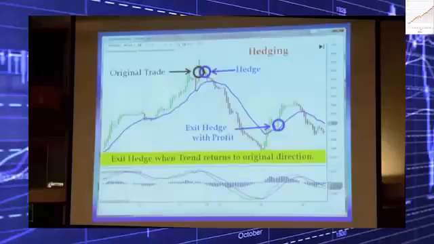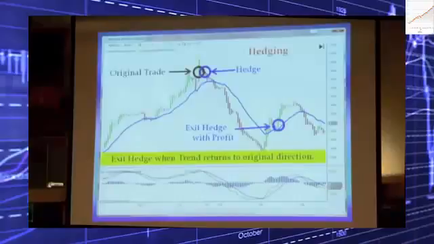As the market goes down and I close the short, or exit the hedge with profit, automatically that original long reopens up. Correct? Can you see that? Basic math. This position was never closed. The original trade is still there.